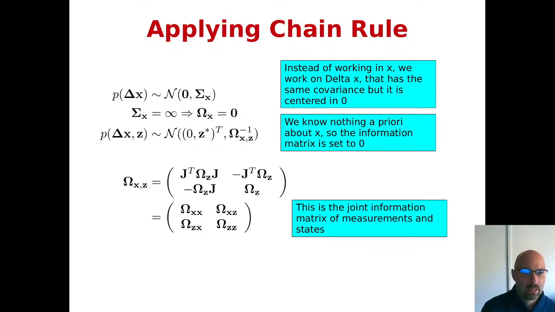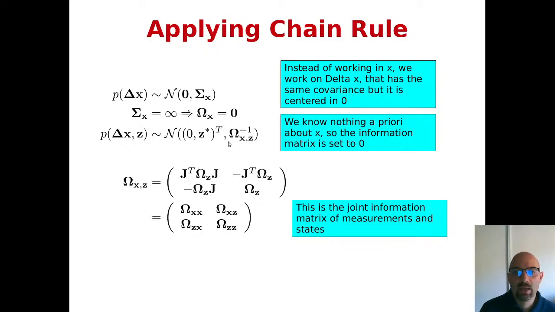Then, if we want to calculate the joint distribution, in this case of P of delta x and z, well, we know that delta x, remember, we are at the optimum, so delta x has to be 0, and z star, which is the component of this joint distribution, has to be the predicted measurement.